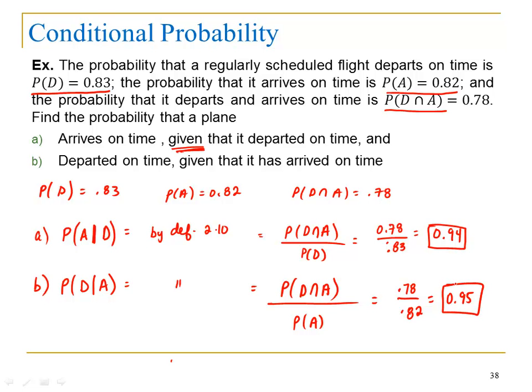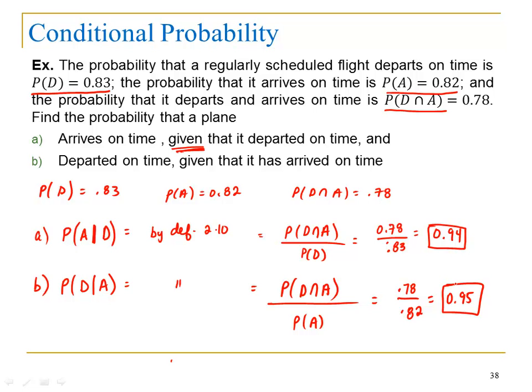Yes, sir. If it's asking for predicate parts, I use probably the 0.83. Part B, the probability of departing on time given that it has arrived on time. So remember, you have historical information, and you're using that information to come up with these probabilities. 0.83, 0.82, 0.78, that is based on your historical data.